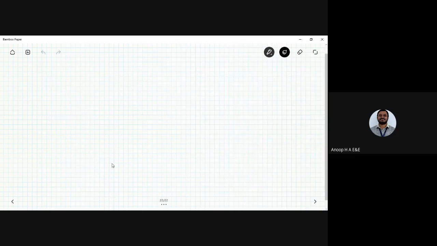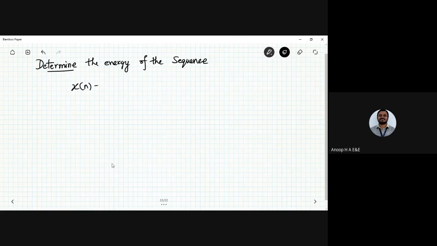Next one, what do I need to do here is determine the energy of the sequence x of n. You need to recall the summation rule here. Determine the energy of the sequence x of n equals half power n, where n is greater than or equal to 0 and 0 otherwise.